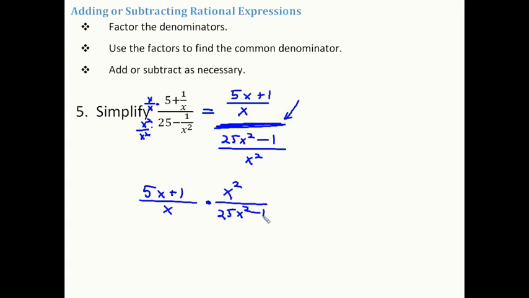And so what we want to do is see if we can simplify or factor any of these. The first fraction we can't simplify at all, so we're going to leave that the same. The second fraction, we can't do anything with the x squared, but this denominator should kind of stick out to us. This is a difference of squares.